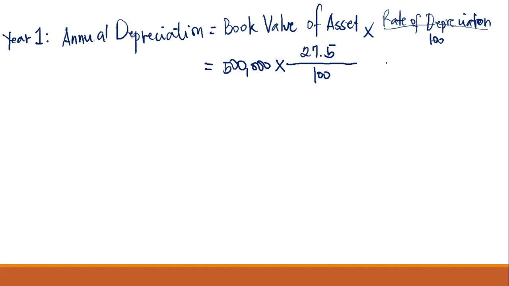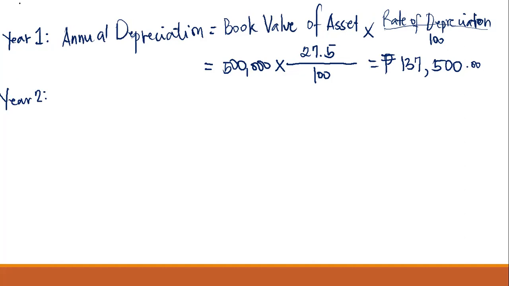So sa year 1 niya, yung annual depreciation is 137,500 pesos. Okay, so yan. So from 500, naging 137 after 1 year. How about sa year 2? So kunin natin lahat hanggang aabot sa year 5. Kasi nga, aabot lang daw ng 5 taon yung machine na pinurchase ng manufacturing company ng sabon.